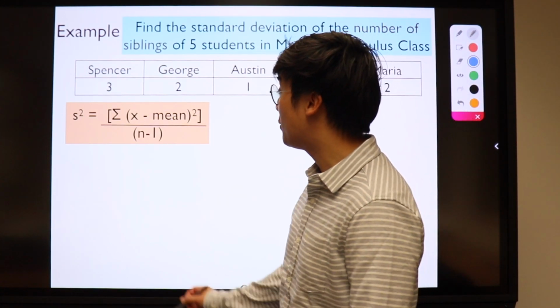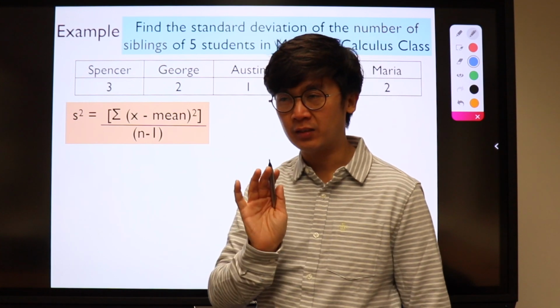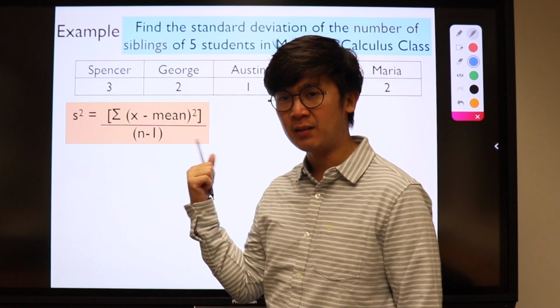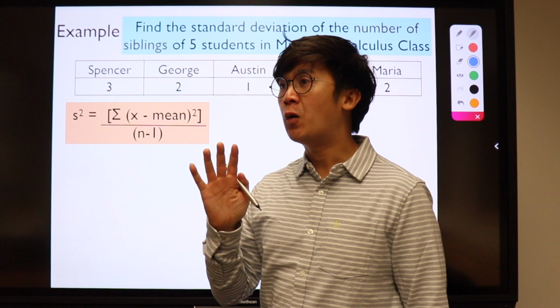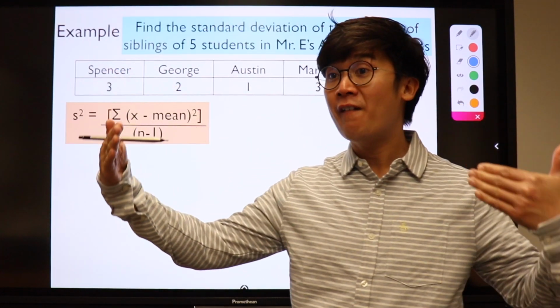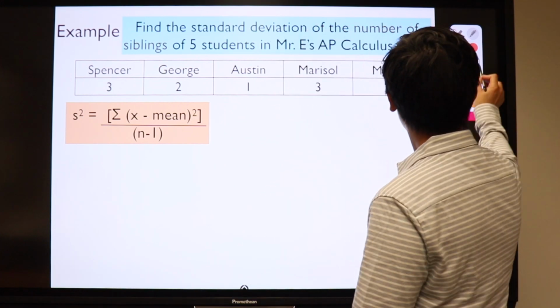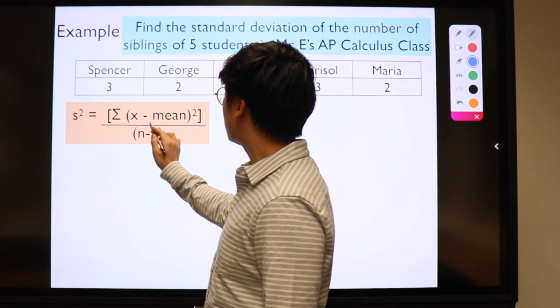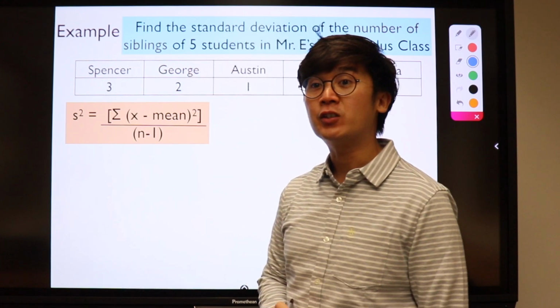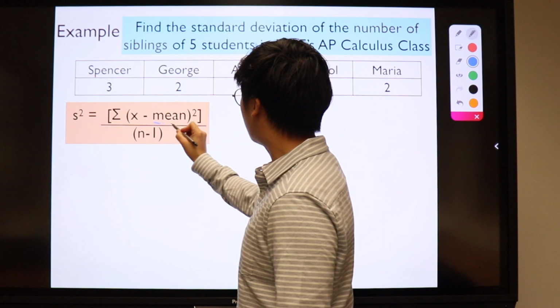So to use the formula, we're going to find the variance and then the standard deviation first. However, the formula is too big, right? So the best way to use the formula is to use it in table form. And how are we going to use it in table form? We're going to find each of the values in our distribution. In our formula, we need to find the mean.